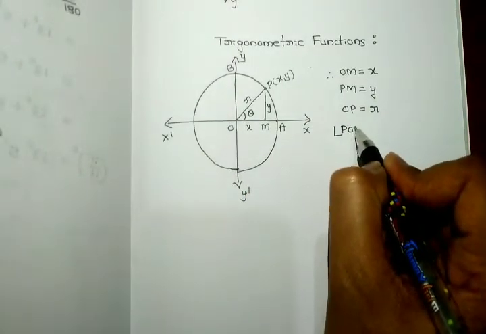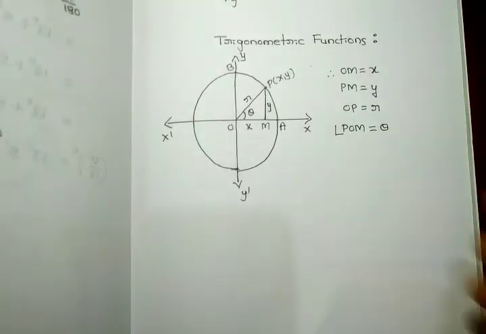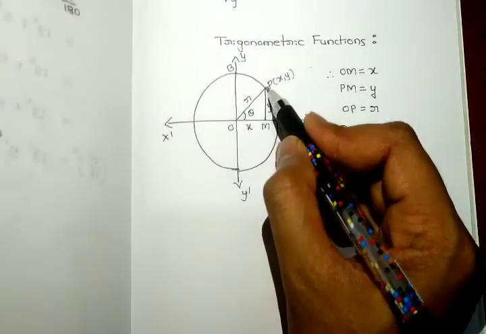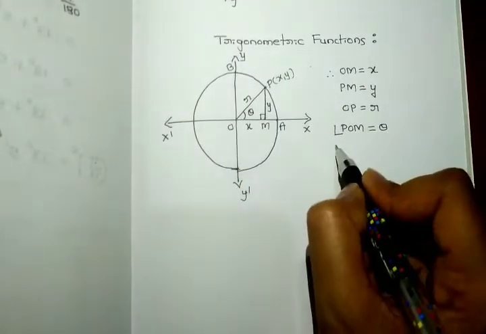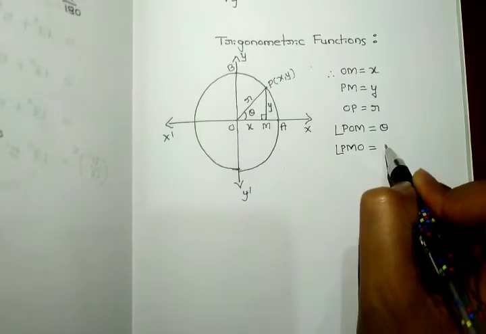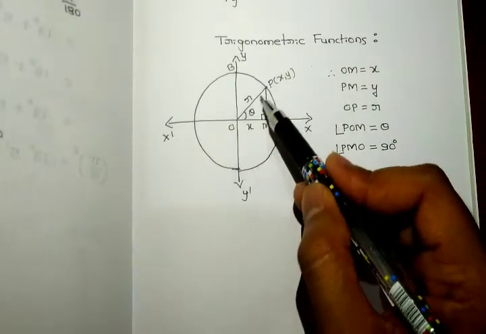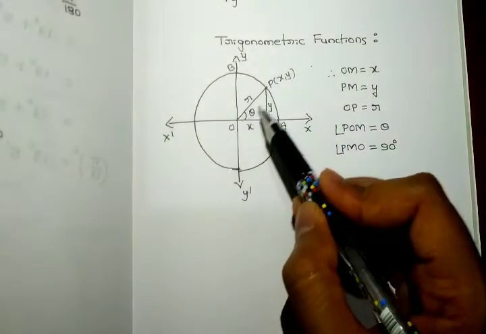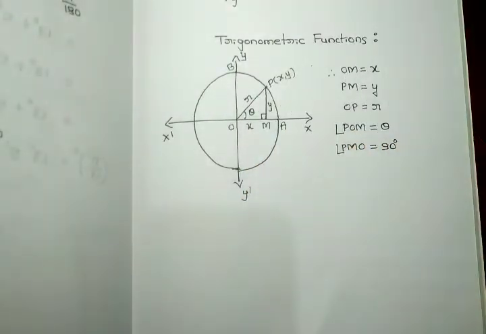Angle POM is theta, and angle PMO is 90 degrees. Next, using this right angle triangle, we are going to define the 6 trigonometric functions.